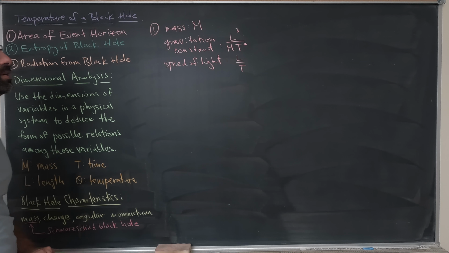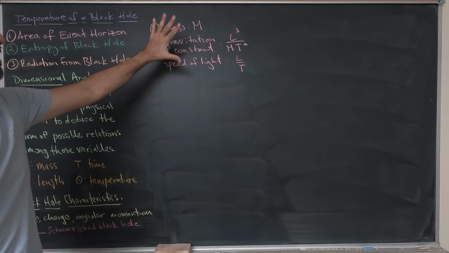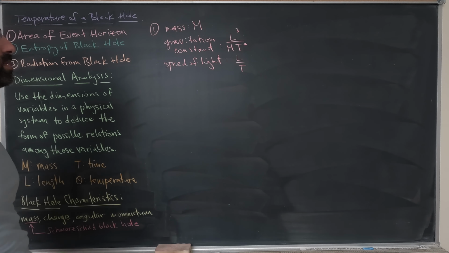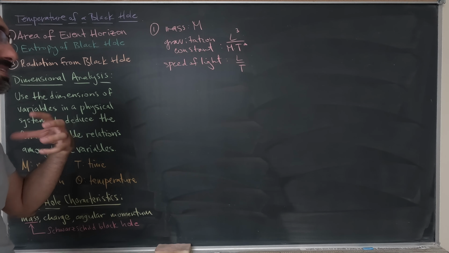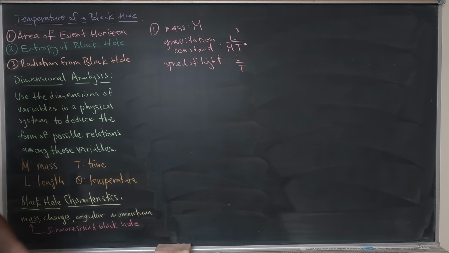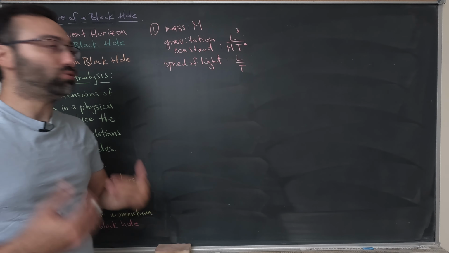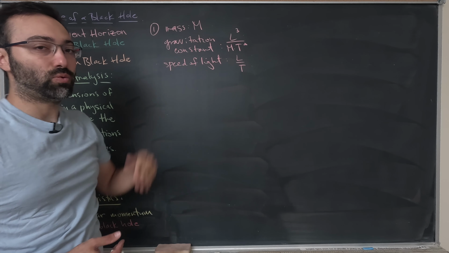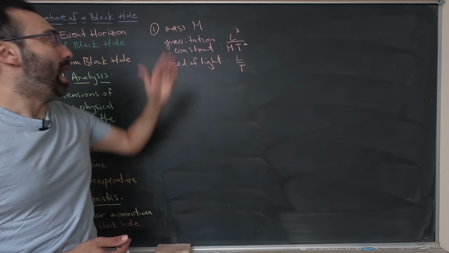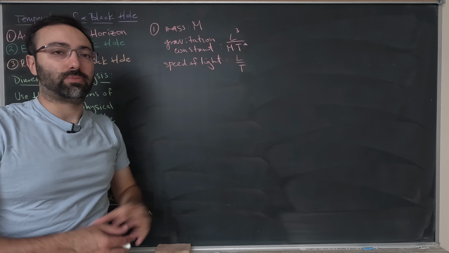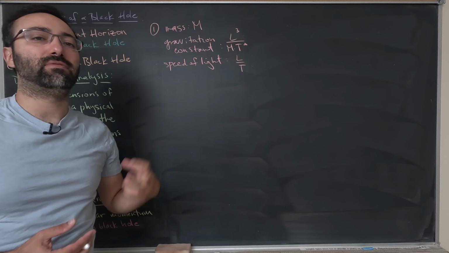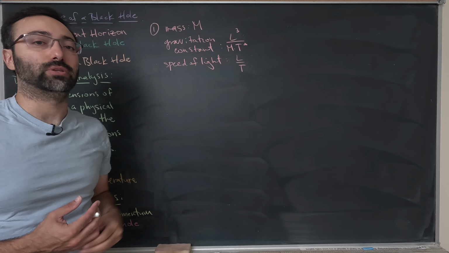Okay, perfect. So here's our educated guess that the area of the event horizon depends on these three quantities here: mass, gravitation constant, and speed of light. So now our job is to determine what exactly that relationship is. And what we do is look at the product of these three quantities. And each of these quantities is raised to a particular power, and we have to find the value of those powers.